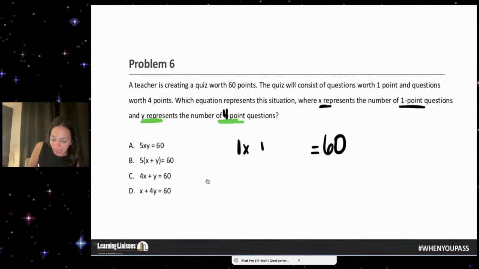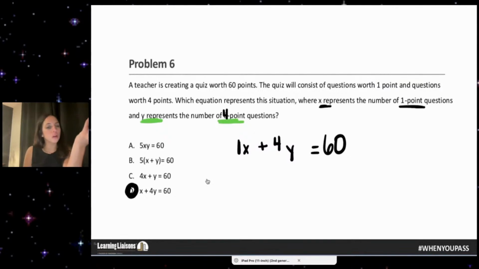And I need to add that to Y times the value of the points that the Y questions have, which is 4. So 1x plus 4y or 4y plus 1x equals 60. So x plus 4y equals 60 is our answer.